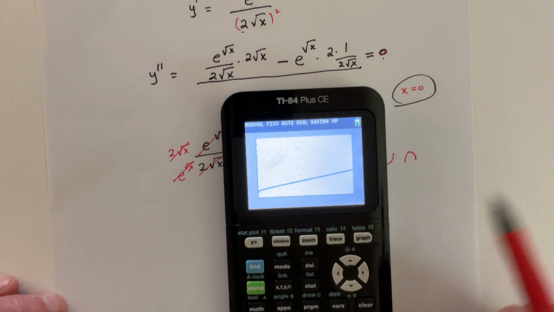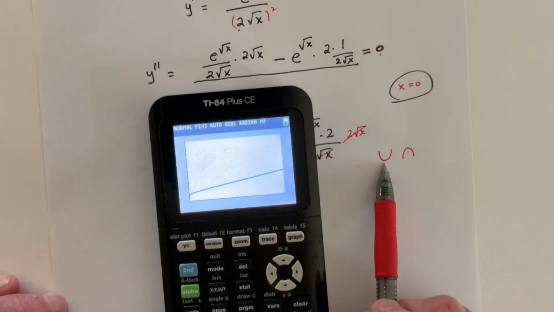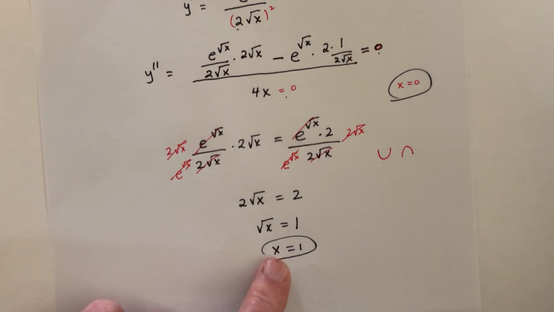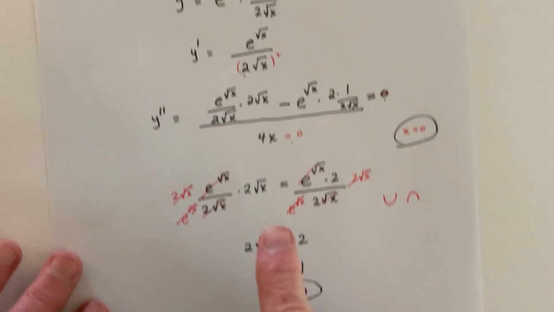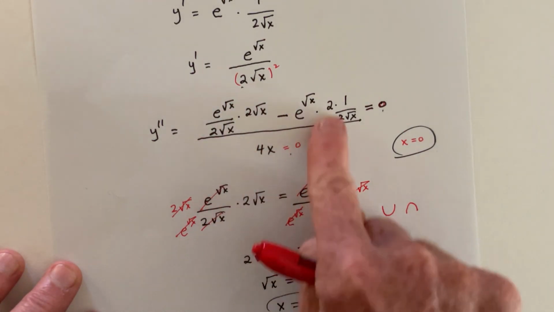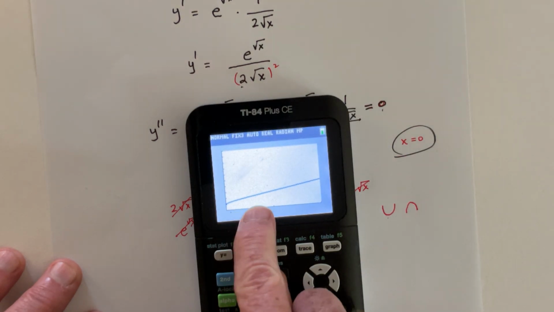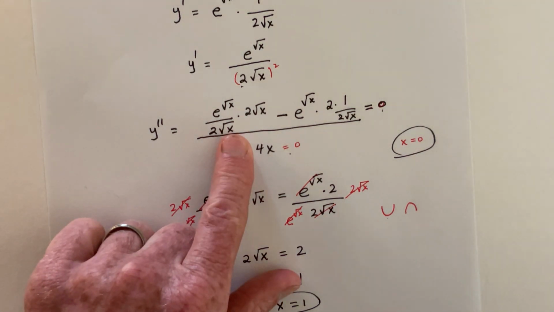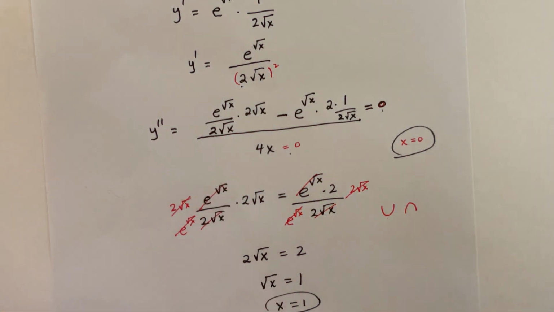And sometimes this happens that you can't really rely on the graph, so it's not obvious like this is concave up and this is concave down. But according to the math, there is something that's going on between 0 and 1. So then what I could do is go to the second derivative right here, pick a number between 0 and 1, like a half, plug that in to the second derivative and see, is it positive or is it negative?